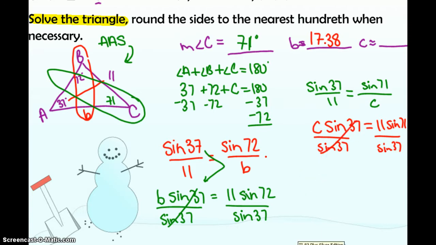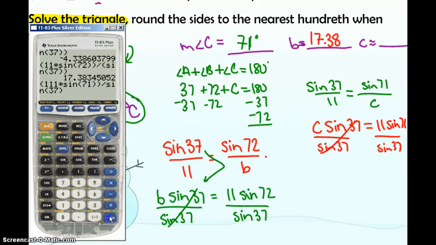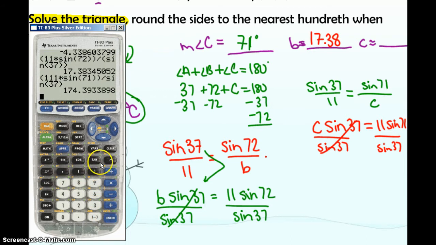So c equals 11 times the sine of 71 divided by the sine of 37. Oops, punched in the wrong answer.